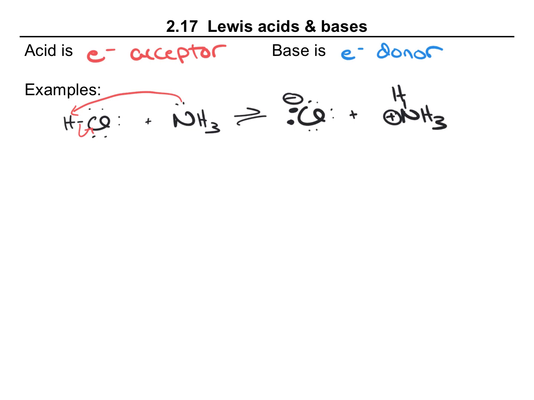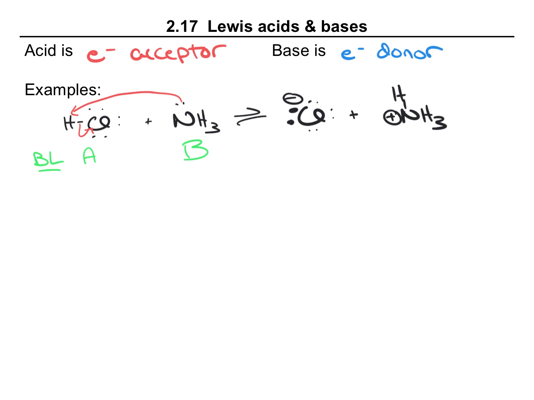Now, according to the Bronsted-Lowry definition, this is the acid because it donates a proton, and this is the base because this is what grabs the proton.